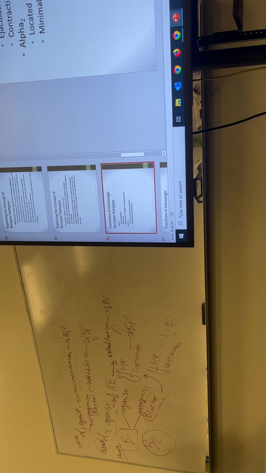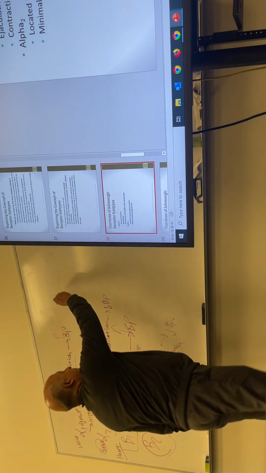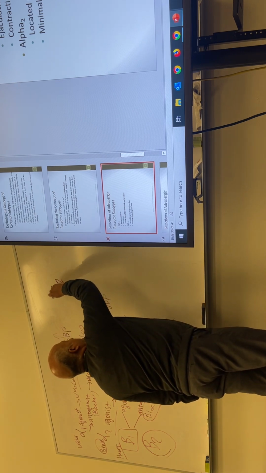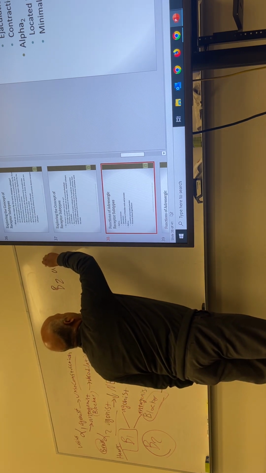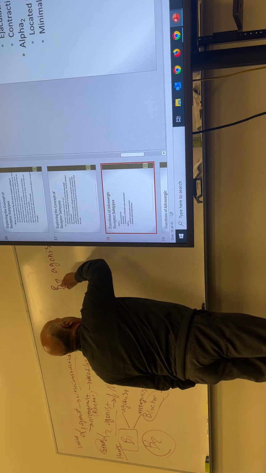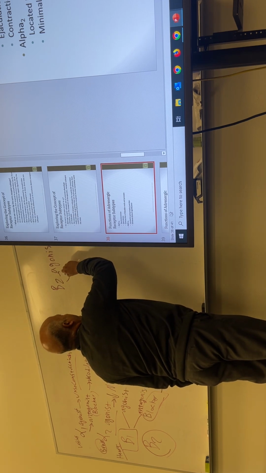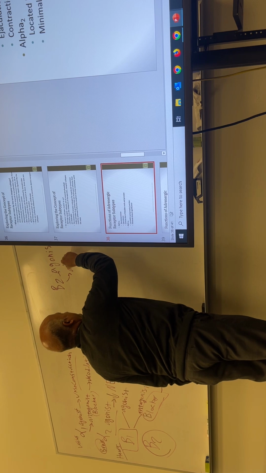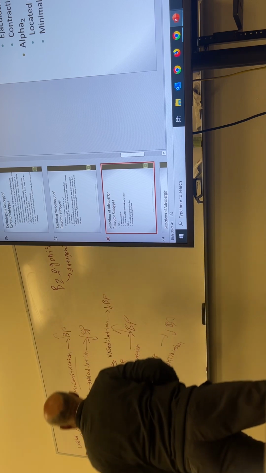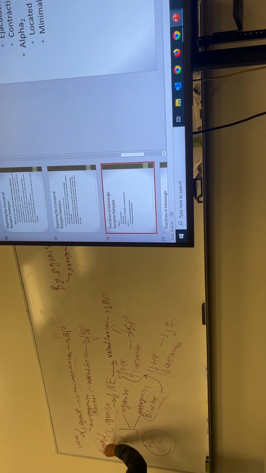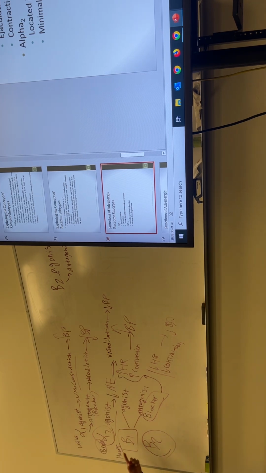So again, we have beta 2 agonist, and we have beta 2 antagonist, the same as the others. The only receptor that doesn't have an antagonist is alpha 2. Any other adrenergic receptor has agonist and antagonist, right? The only one that is unusual or specific is alpha 2, which only has an agonist.